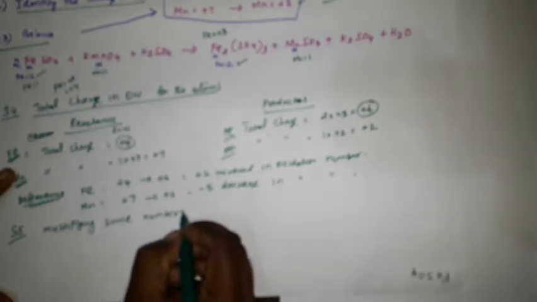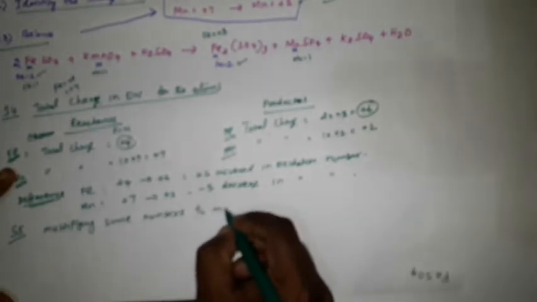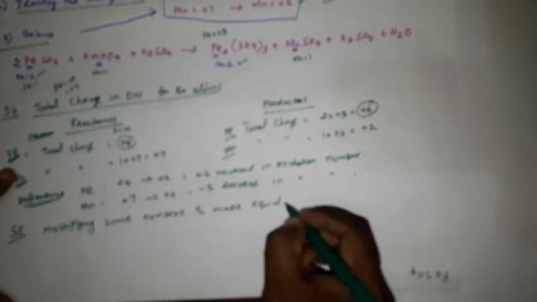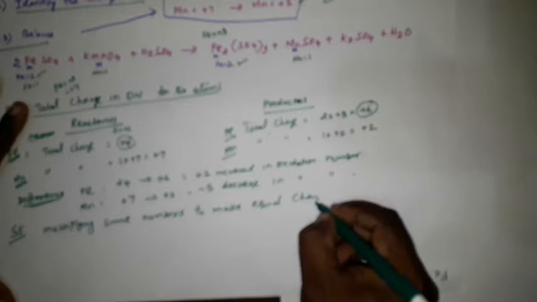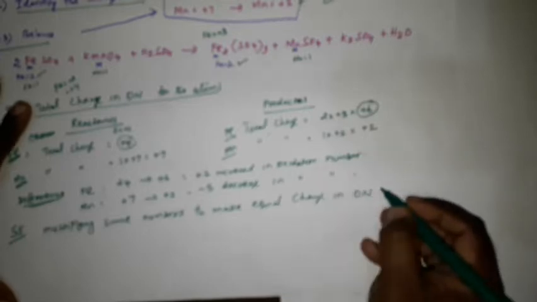So we are going to equalize that by multiplying with some appropriate numbers, to make the change in oxidation numbers equal. That is, the decrease in oxidation number we are going to equal to the increase in oxidation number.